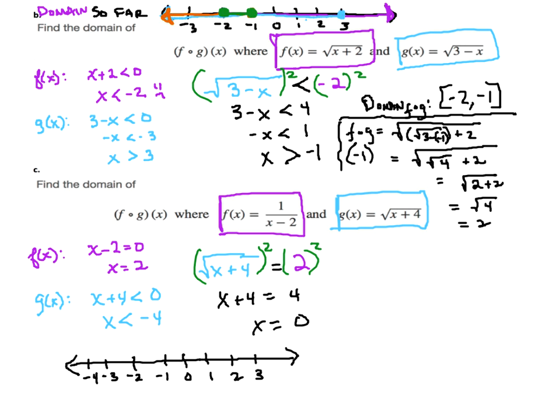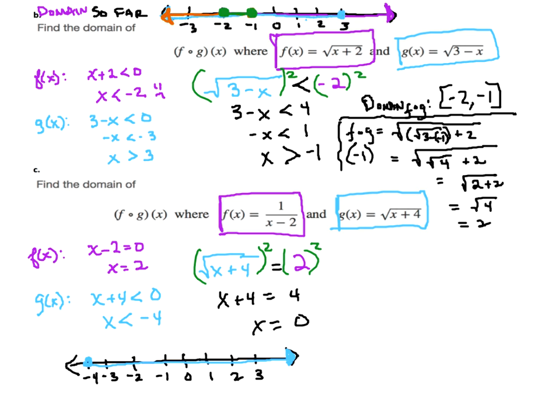All right, so for our g function, we can have anything except values that are strictly less than -4. Oh wait, I'm not drawing the domain, but rather drawing the restrictions. Since we can't have anything less than -4, what we can have is exactly -4 and anything greater than that. So there's the domain for our g function.